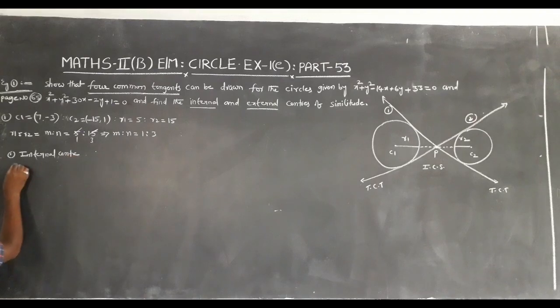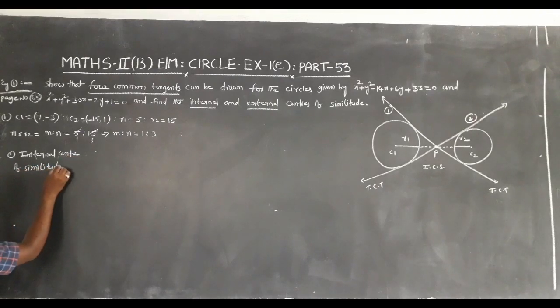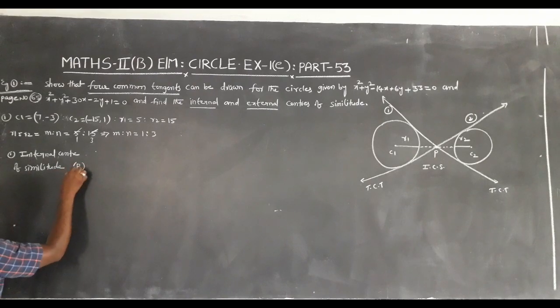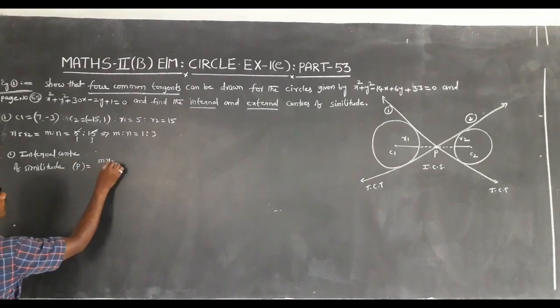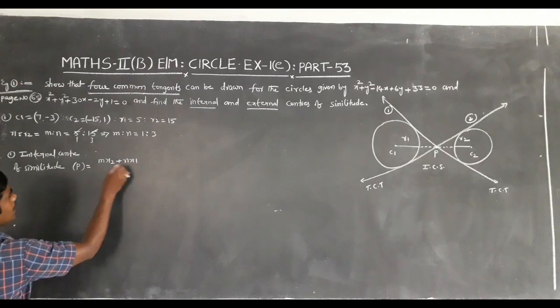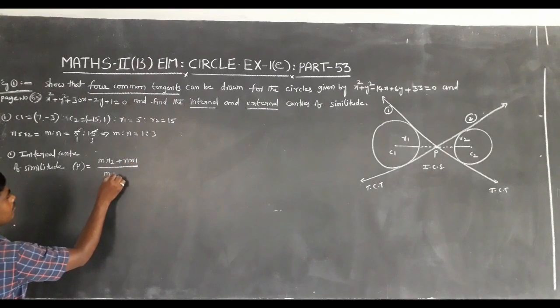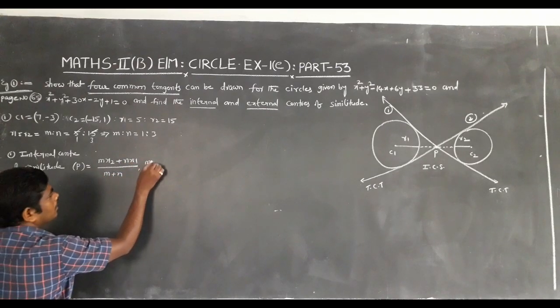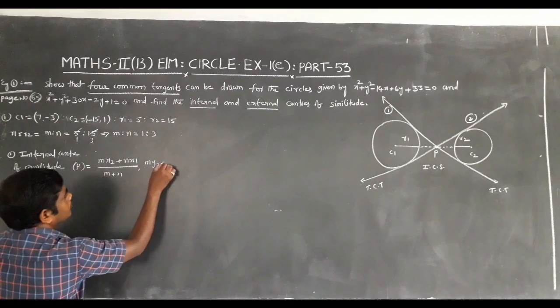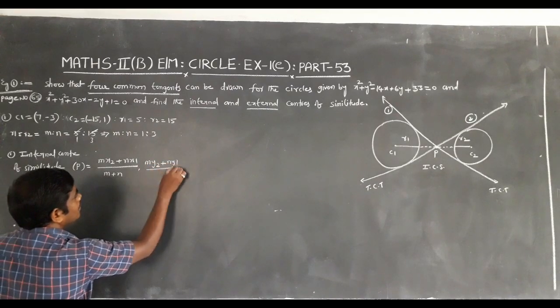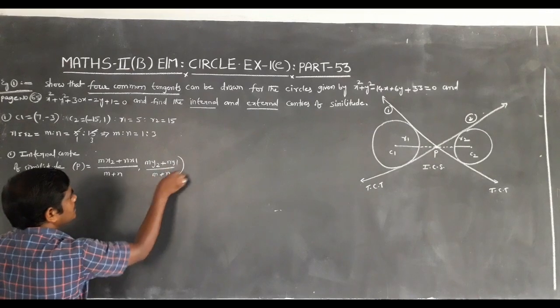Internal center of similitude P is equal to (mx2 plus nx1) by (m plus n), comma, (my2 plus ny1) by (m plus n).